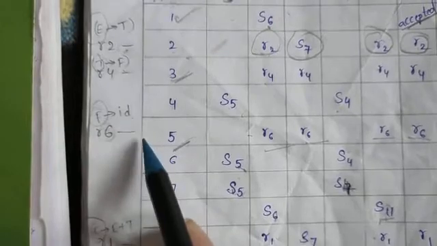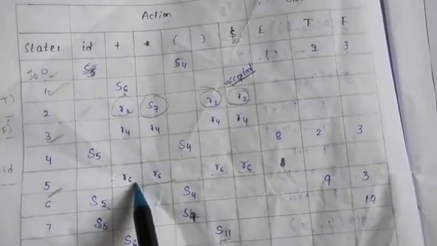Here also the head of the production is F. For that you need to go for follow of F: star, plus, closure braces, and dollar. In this line, as with R5, in 4 places, the plus place, star place, closure braces place, and dollar place, we are placing R6.